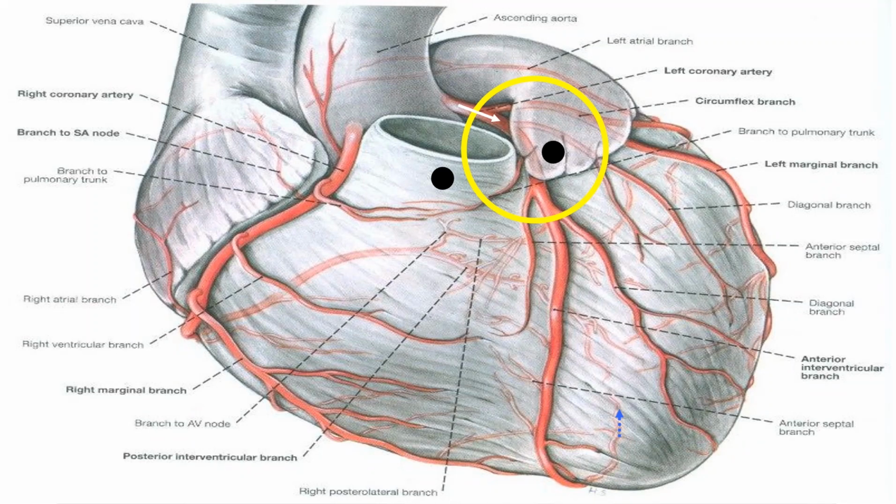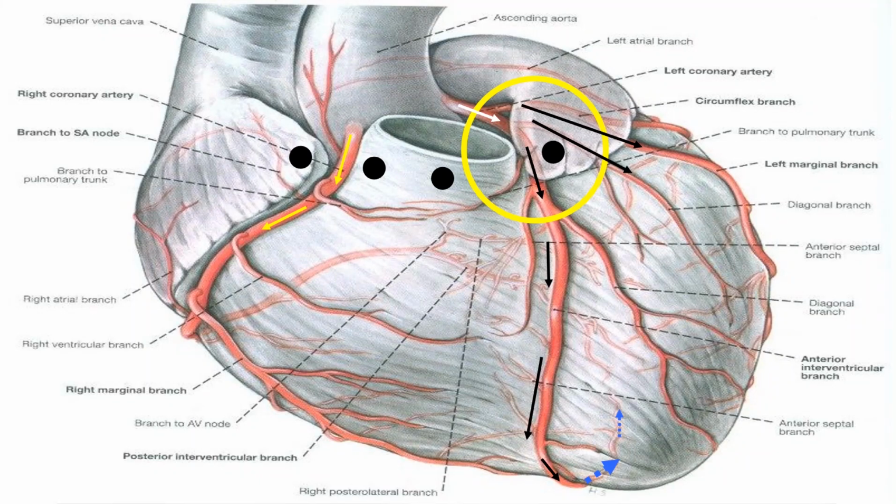So if you want to see the left coronary artery, you have to lift the left auricle, and it is going to give the anterior descending artery or anterior interventricular artery, and this artery is going to reach the apex and then turns posteriorly. It also gives the diagonal branch and then the circumflex branch, and that's the story of the left side of the coronary circulation.